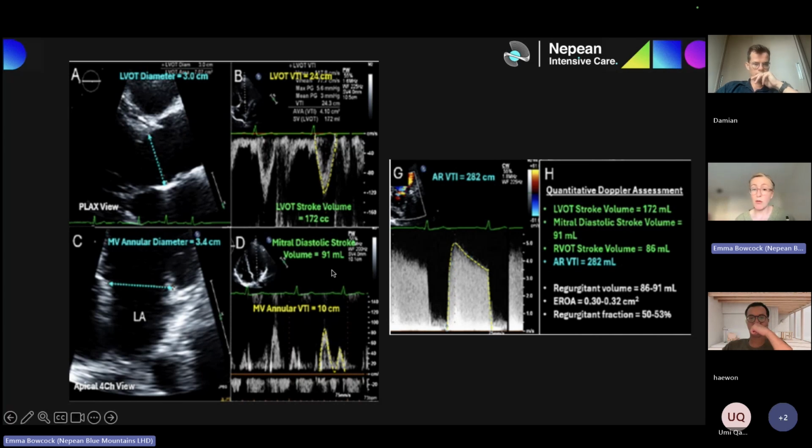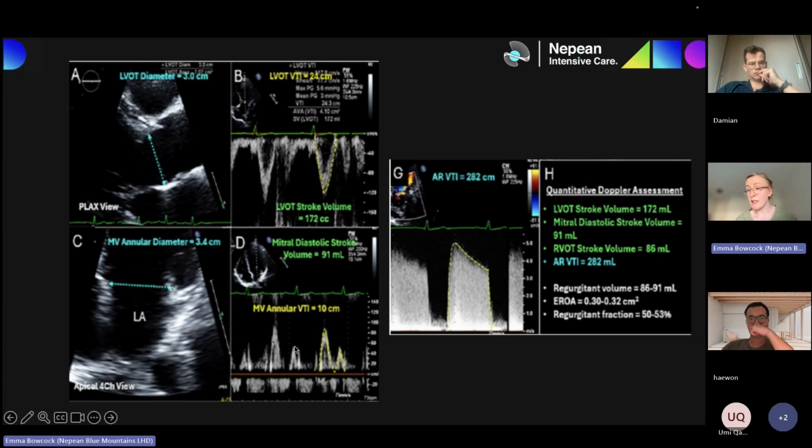That gives you a volume of what's coming in. Then you look at what's coming out of your LVOT, and the difference between those is your regurgitant volume. An obvious caveat is if you've got someone that also has mitral regurg, you can't use this because it's going to stuff up this part of the equation.